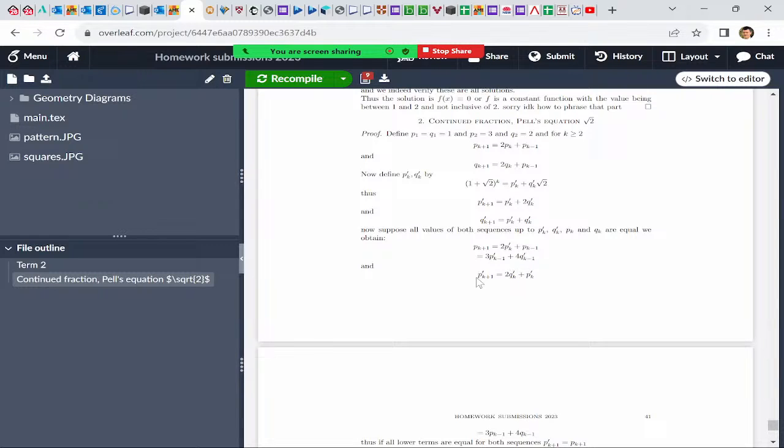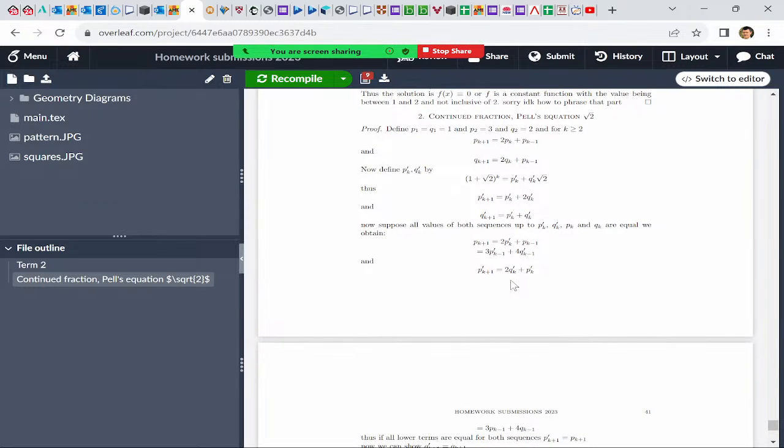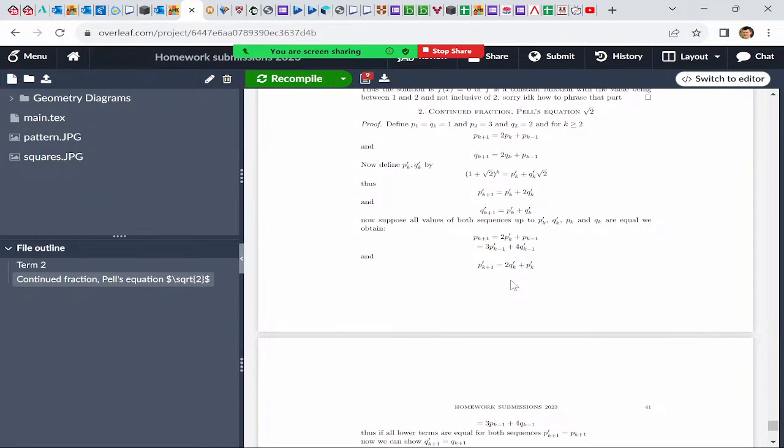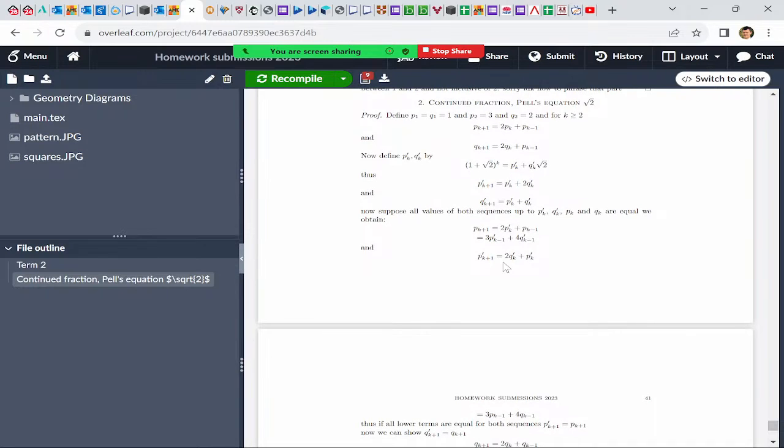PK plus 1 prime is PK prime plus... why'd you write that backwards just to annoy me? Oh, no, I did that so it matched what was at the beginning. Like the other 3 PK thing. This one? Yeah. And why'd you add the primes? You don't need the primes, they're equivalent. Lower terms. Yeah, but with the prime here, I think to do this more naturally.